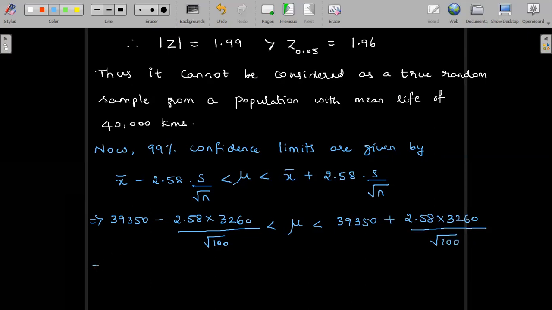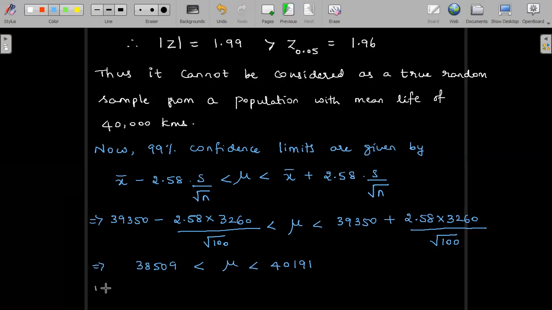So mu lies between 38,509, rounding off to the nearest integer, and 40,191. The 99% confidence limits are 38,509 to 40,191.